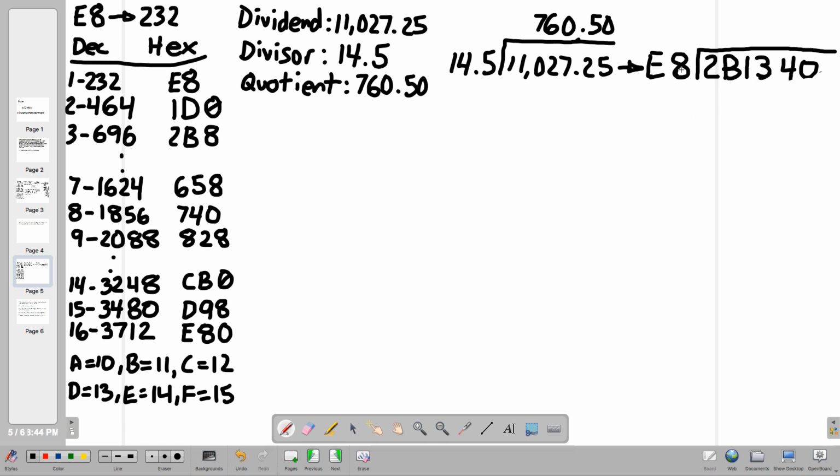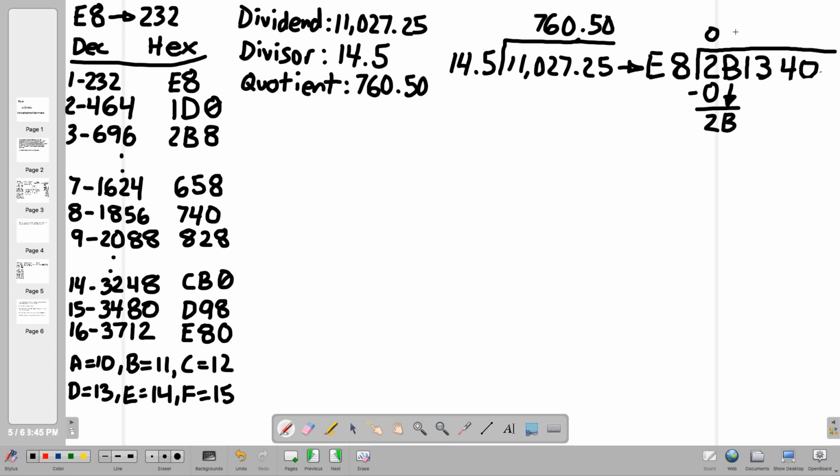So we ask the question, does E8 go into 2? And the answer is 0 times. So 0 goes here, and 0 times E8 is 0. We subtract 0 from 2, that leaves 2. Then the first cycle will be complete once we bring down the B. So for our next computation, does the value E8 go into 2B?